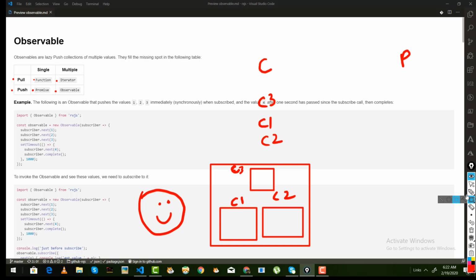C means consumer and P means producer. The producer is someone who produces things. The consumer is someone who consumes things. Quite easy, but it's really important, and you will see why.